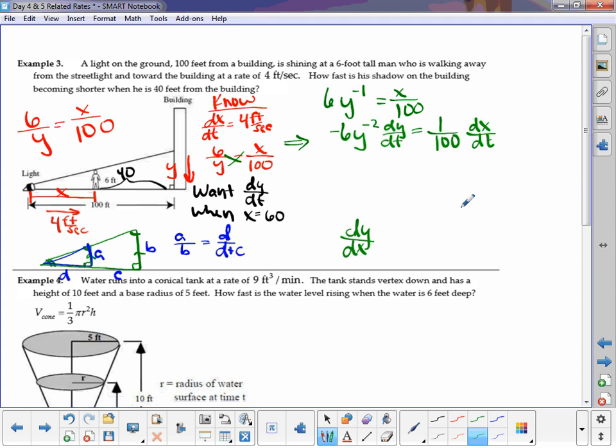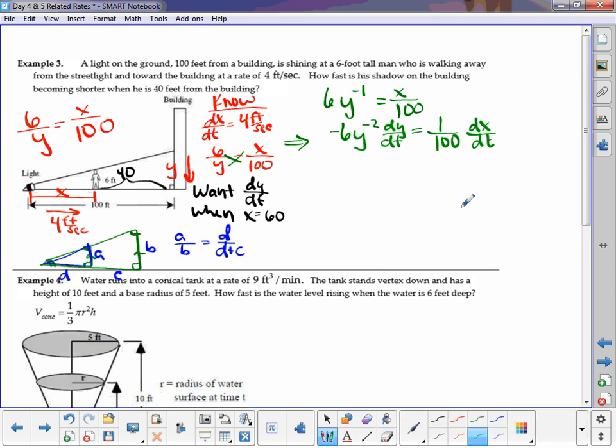Be careful, guys. It might be to your benefit to not use x and y if you get confused with that. In our previous implicit differentiation, we were taking the derivative of y with respect to x. Notice we're taking it with respect to t. So anytime it's a variable other than t, you have to do that implicitly. It's a good question. Other questions?